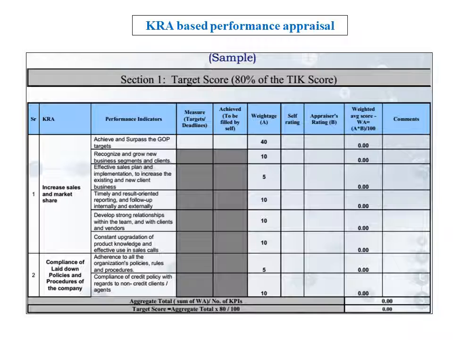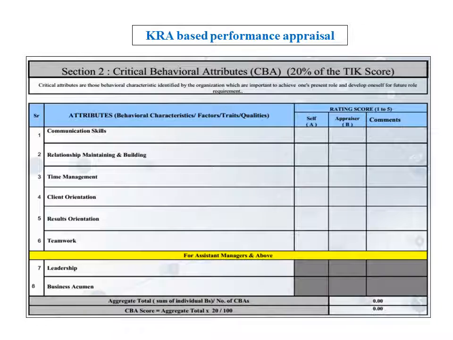By this way we can have the KRA based performance appraisal. In this case, these are some of the indicators. Let us say the first section is the target score. Another, section 2, is the critical behavior attributes.